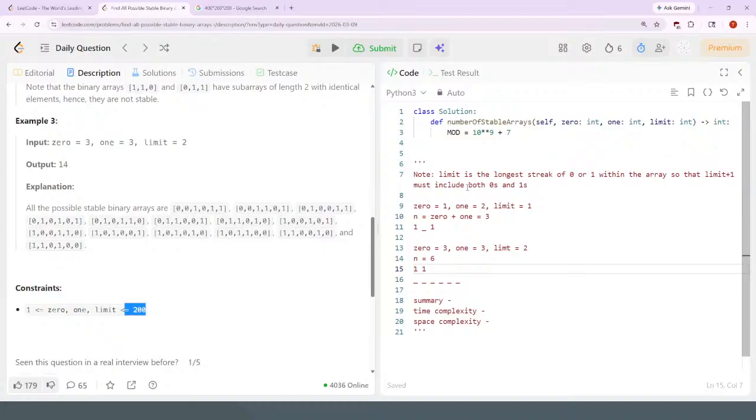Where to put the ones? Where to put the ones? The number of ways you put the 1 in the first spot. The number of ways you put the 1.